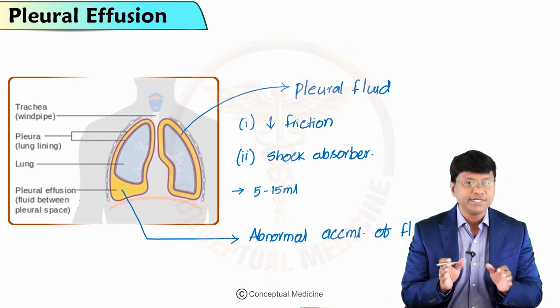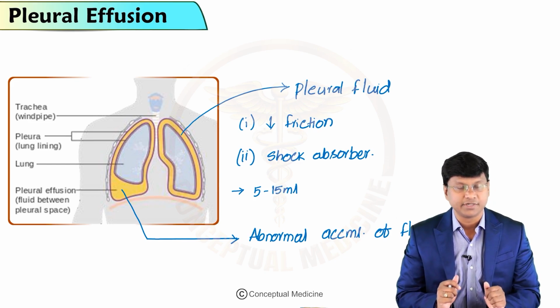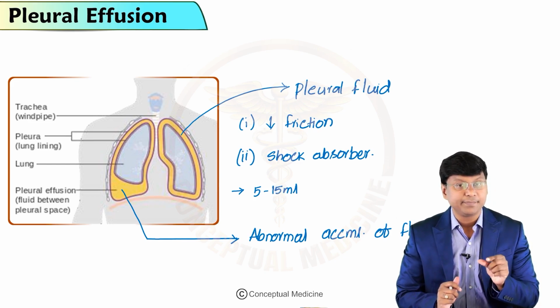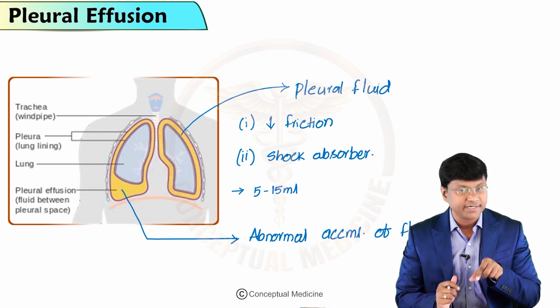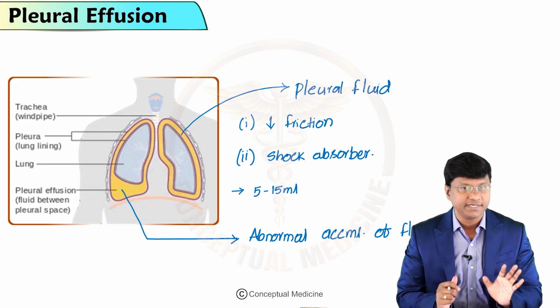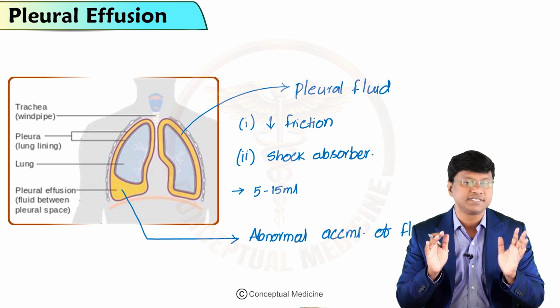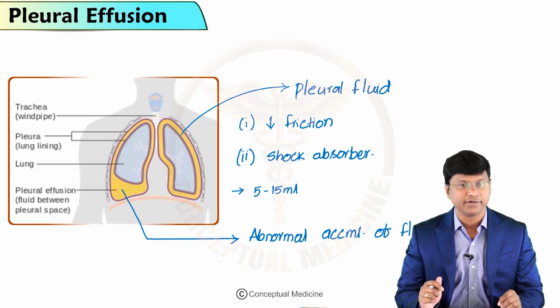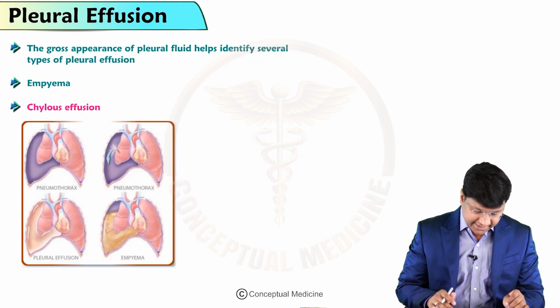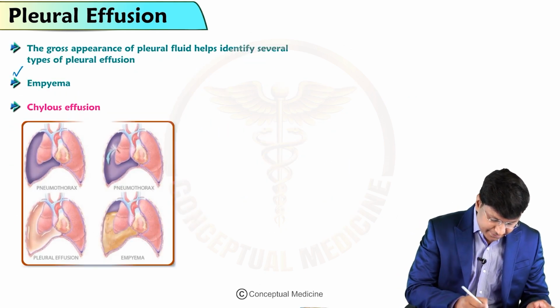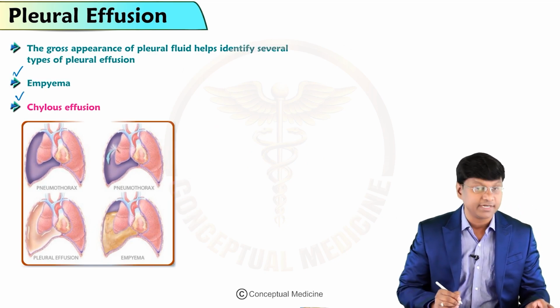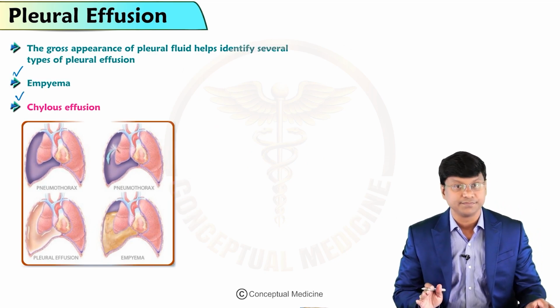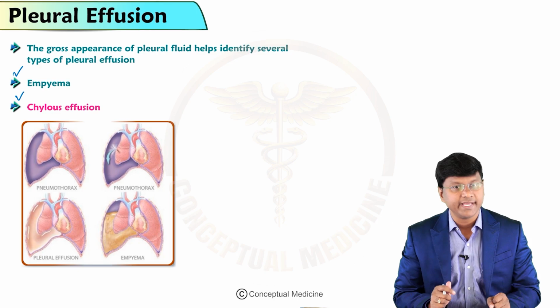Now, you need to understand other important terminologies. Depending upon the substance accumulated in the pleural space, accordingly we give the terminology. For example, if it is just an excessive amount of fluid accumulated in the pleural space, we call it pleural effusion. And we have other terminologies called empyema, and chylous effusion. What do you understand by the word empyema?